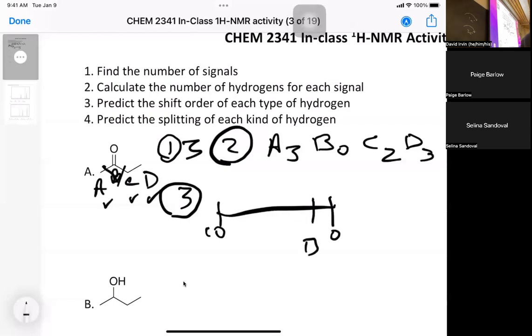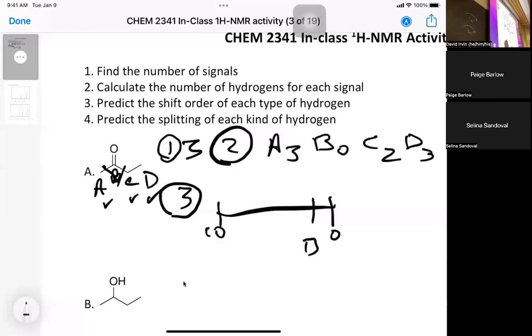Now, the harder one. Between A and C, which one's going to be further downfield? Left. Which one's going to be further downfield, A or C?